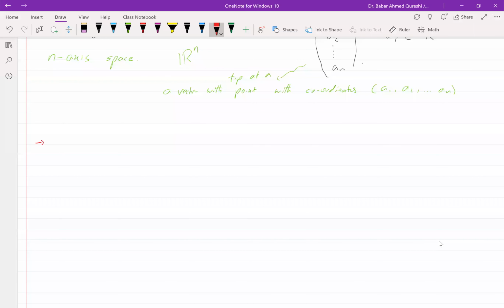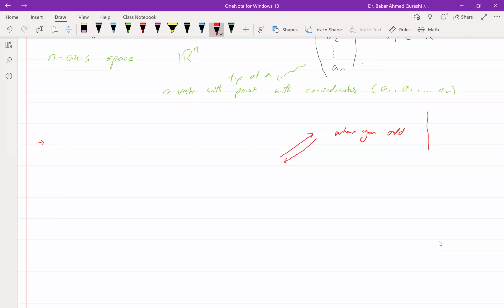There is another operation or a property for geometrical vectors. If I have a vector like this, I have a vector in the opposite direction as well. And when I add these, you get 0.